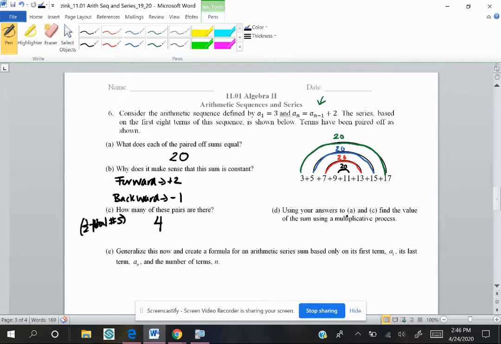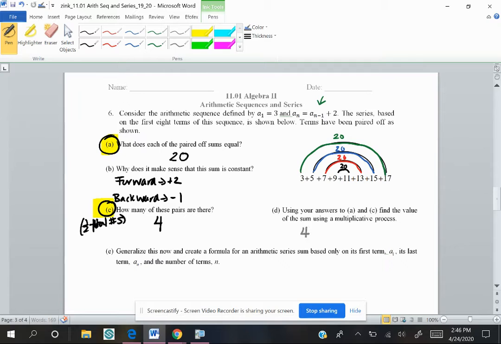Part D, using your answers from A and C, find the value of the sum using a multiplicative process. So instead of just adding up all these numbers, I want you to think, how could I figure out the sum using part A and part C? Well, I know that each pair adds to 20, and I have 4 different pairs.